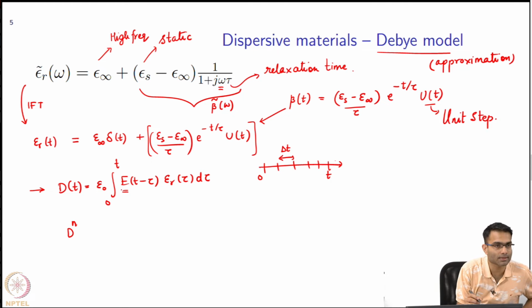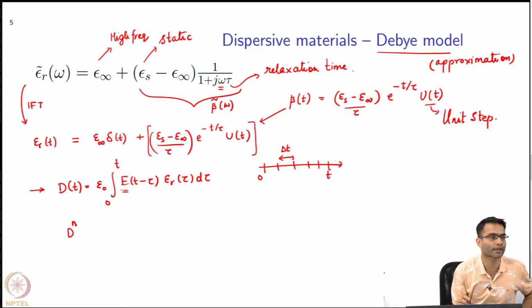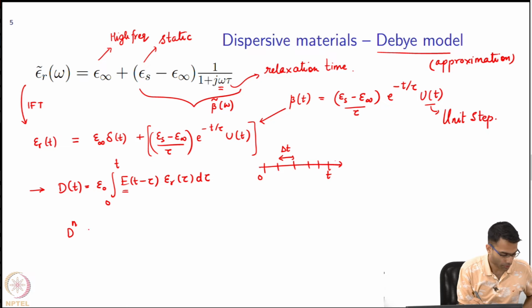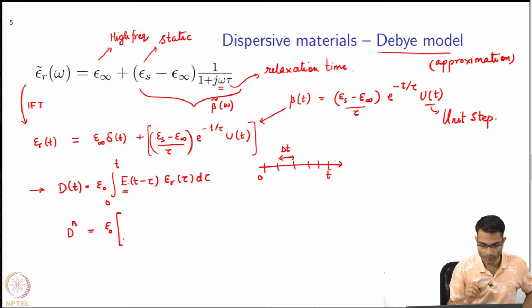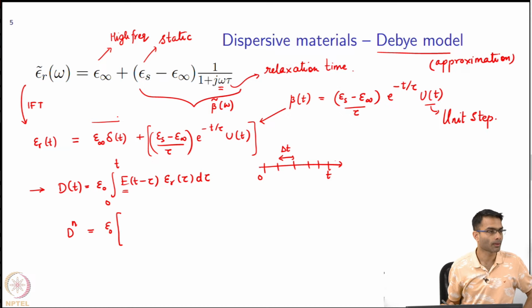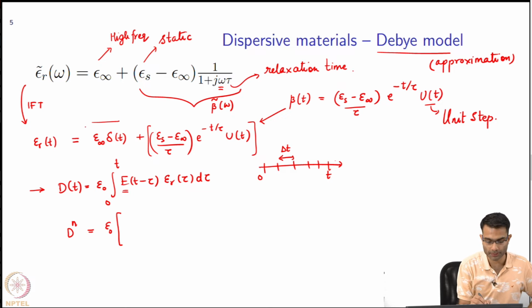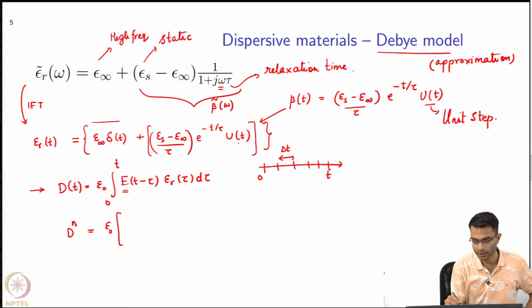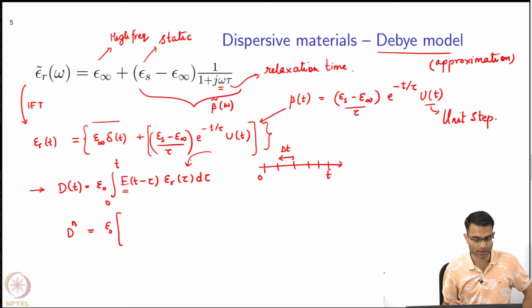So D n is the value of the displacement field at time instant n. Okay. So what will be the first term? Epsilon 0. Now this first term in the integral is going to pop out. This whole expression is going to get substituted in here. So what will the first term give me?